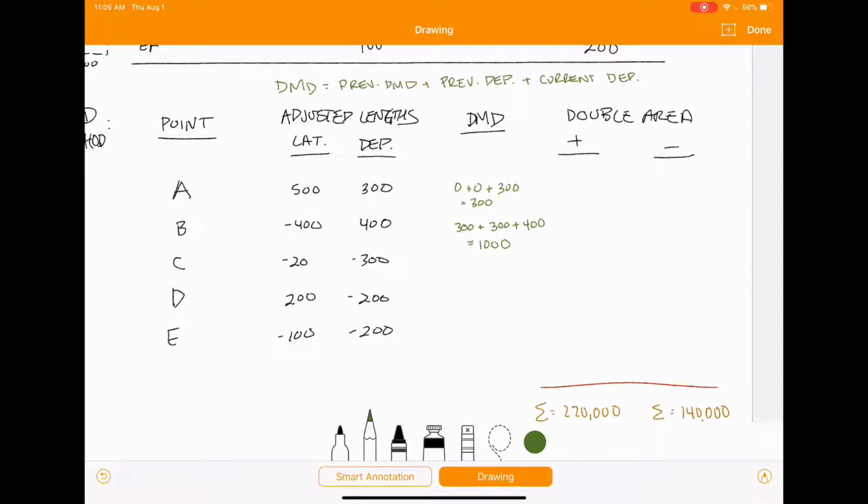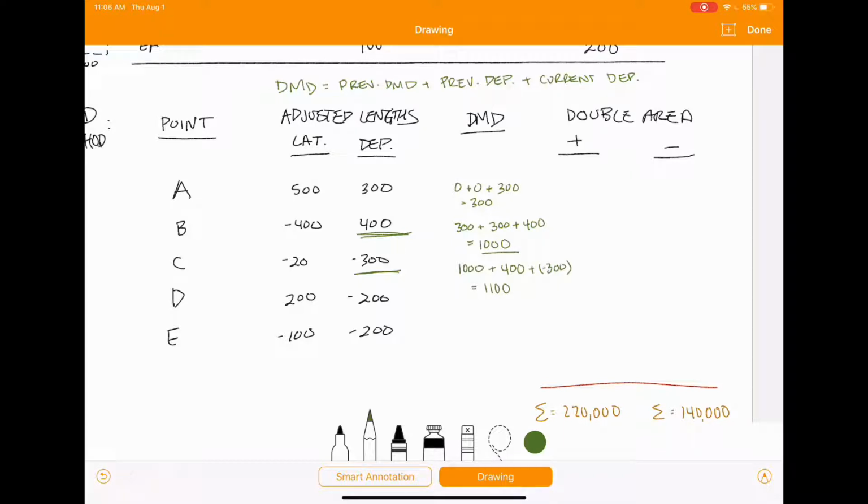And then for C, previous DMD, 1,000, plus our previous departure is 400, plus our current departure is a negative 300. So we're going to get 1100.